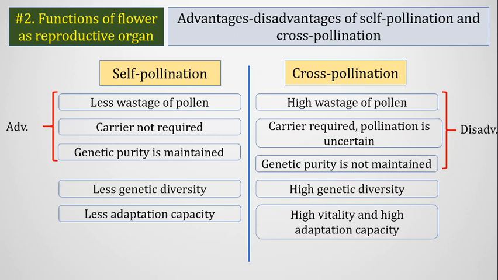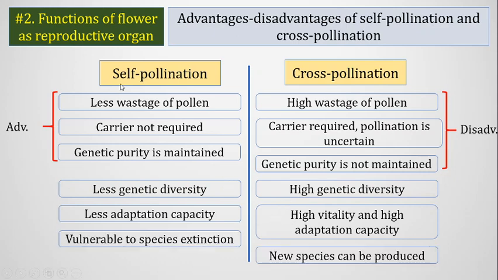So there is a higher chance of survival under adverse conditions. Self-pollinated plants are vulnerable to species extinction, while cross-pollinated plants have much more genetic diversity that leads to the evolution of new species. So these can be considered the disadvantages and advantages of self-pollination and cross-pollination.